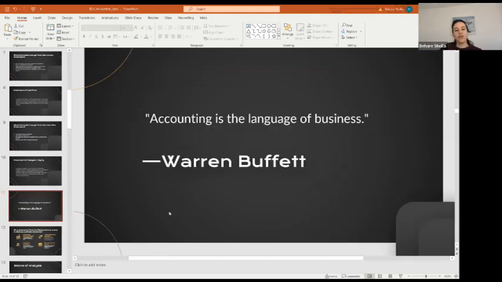Okay, so here I have added one quote from Warren Buffett, which says that accounting is the language of the business. And it makes sense because, from what we just saw, all the information, all the transactions and the data of the company are collected and presented in the form of financial statements.